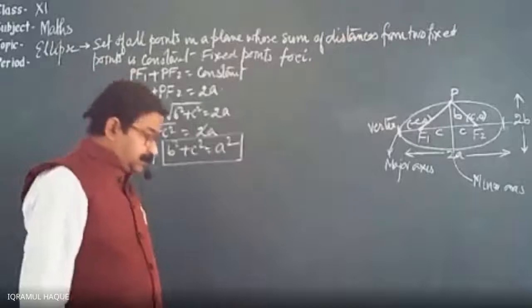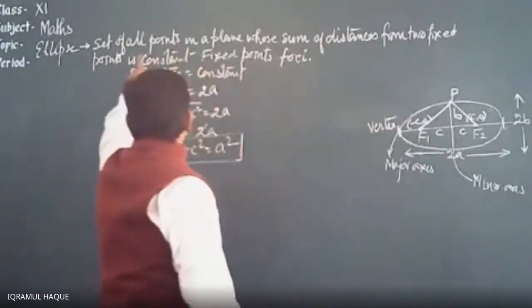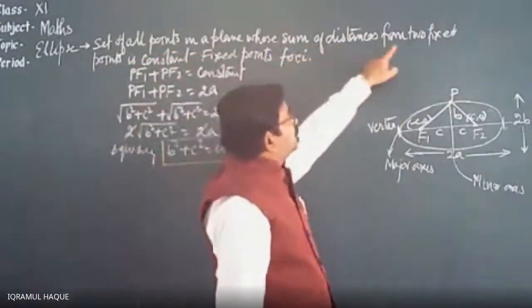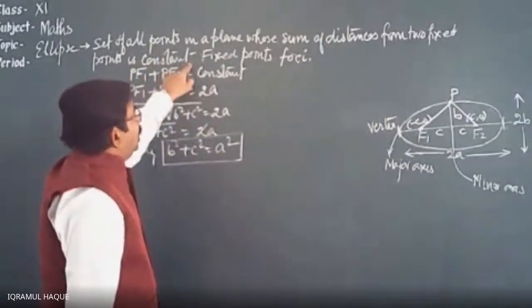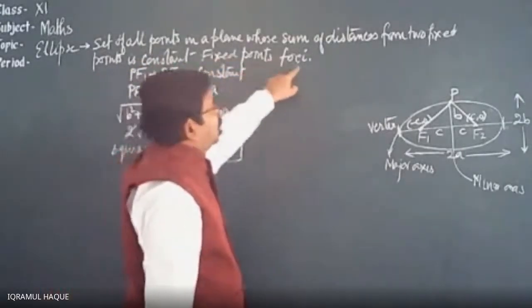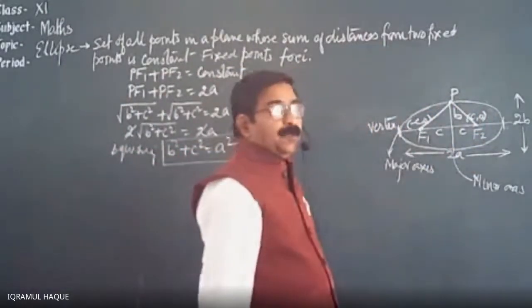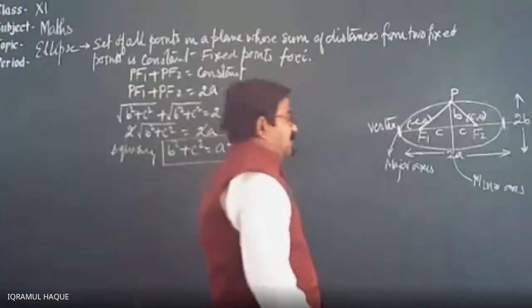Now, Sir, please again explain the figure. Okay. See, according to the definition, the set of all points in a plane whose sum of distances from two fixed points is constant, and these fixed points are called foci. This is the figure of the ellipse, and these two end points are called vertices.